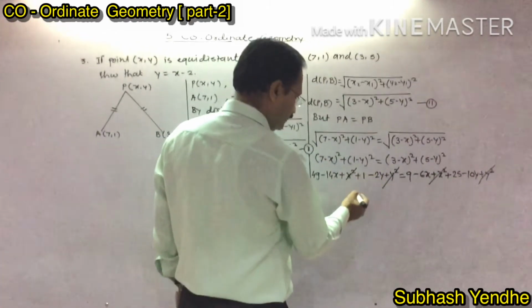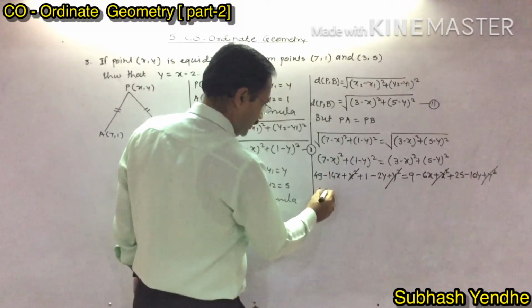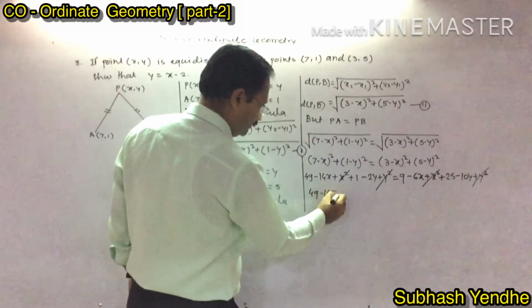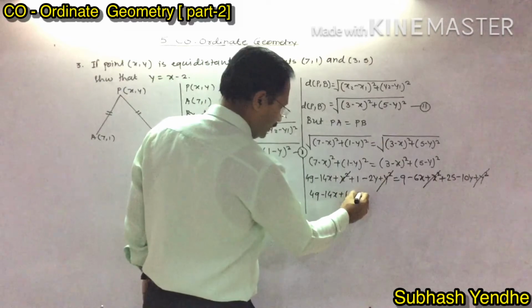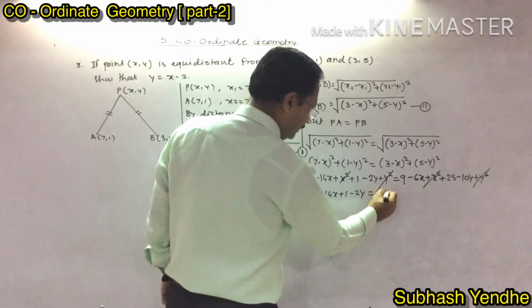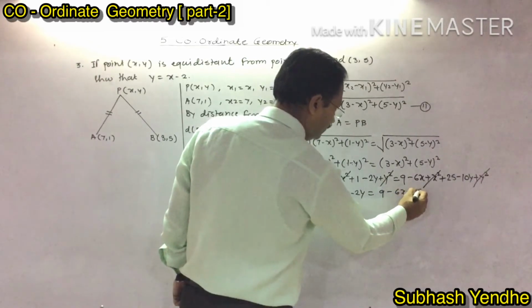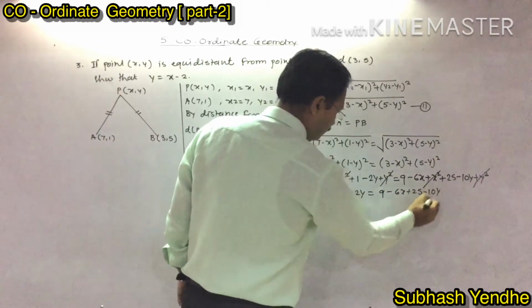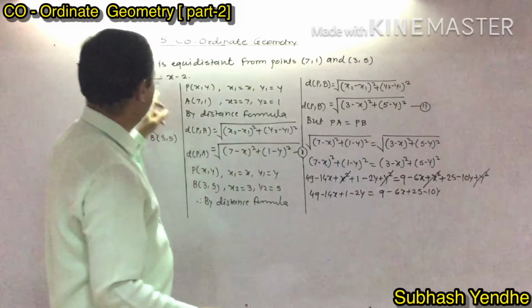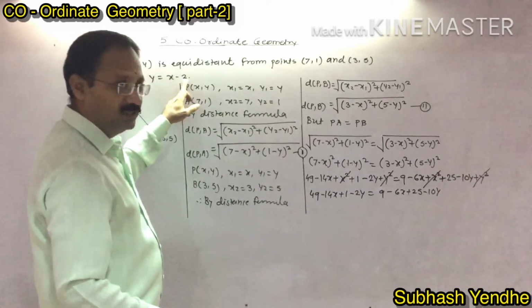Now the remaining things you have to write. 49 minus 14x plus 1 minus 2y equals 9 minus 6x plus 25 minus 10y. So you have to prove that y equals x minus 2.